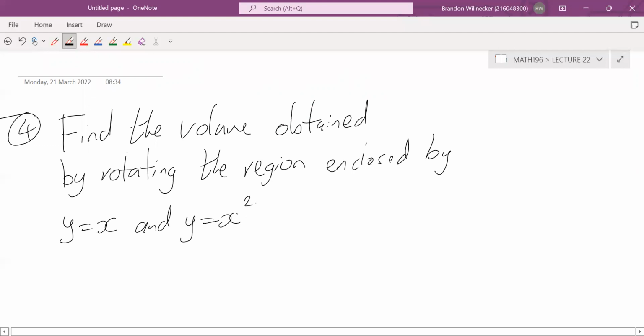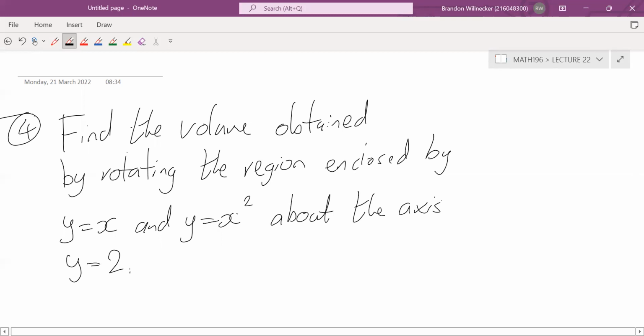Okay, so it's the same region that we dealt with in the previous example, but now we're rotating the same region about the axis y equals 2.